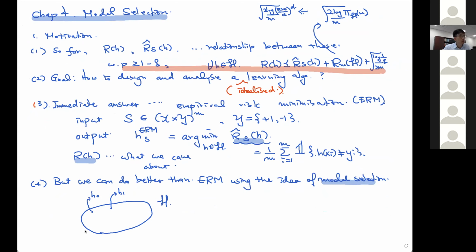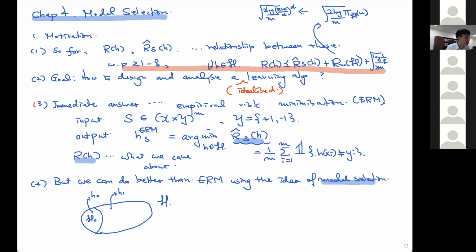But in the model selection idea, we impose a structure on the hypothesis set. So instead of thinking of just a single hypothesis set, we structure the hypothesis set. Typically, the structure has some subset relationship. So we have one hypothesis set called H0.